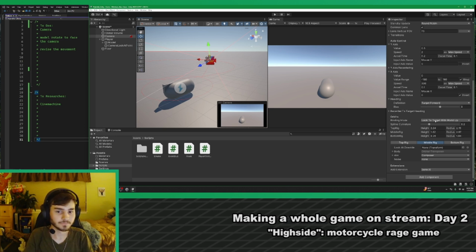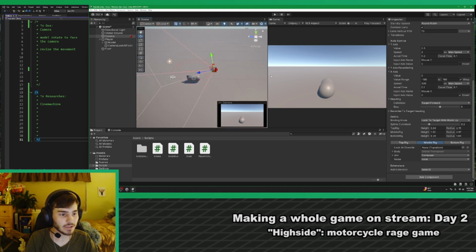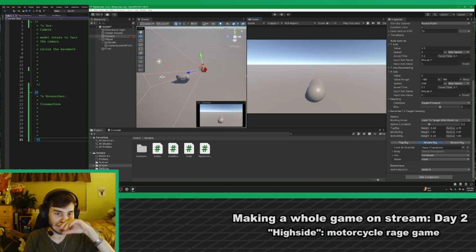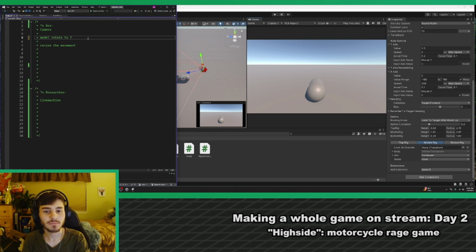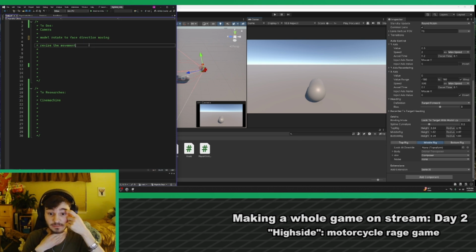That'll work for now. Okay, so we've got a rudimentary camera. Lovely. Now, how do we get the model not to rotate to face directly the way it's moving? How do we do that? That's gonna be tough.